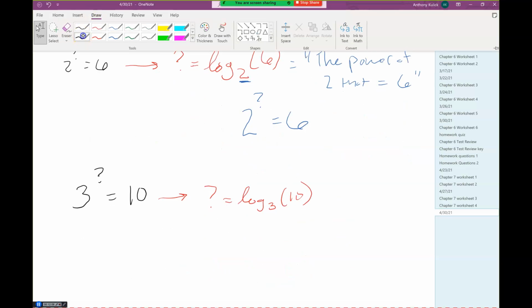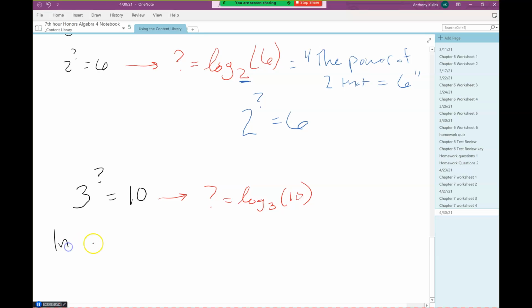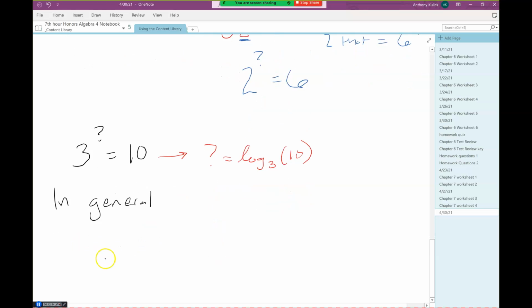So in general, what we're going to say is y equals b to the x is equivalent to x equals log base b of y.